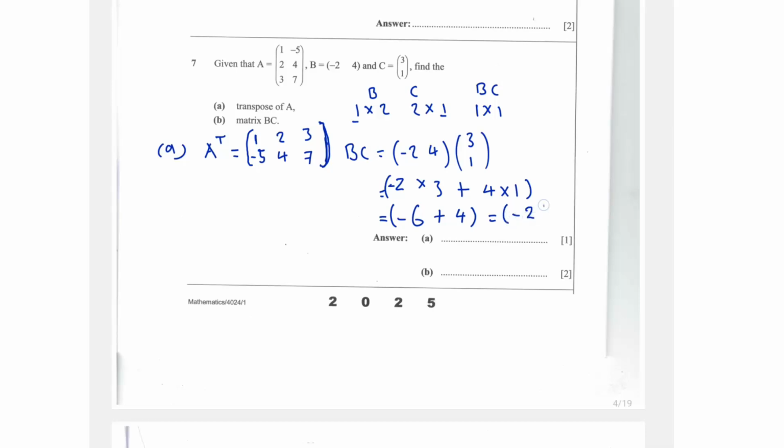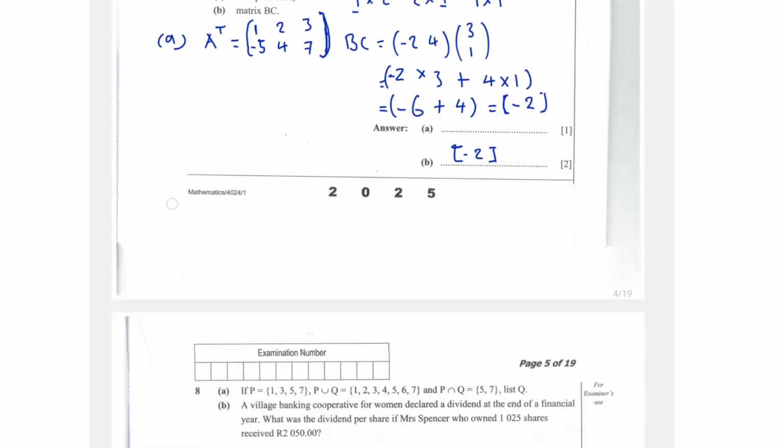So -2 will be the final matrix. So BC will be -2 there. We're done with this one. Let's take a look at another question.